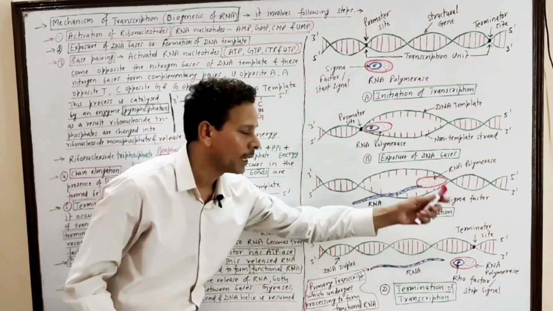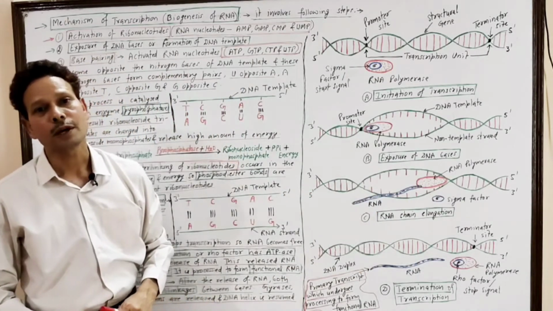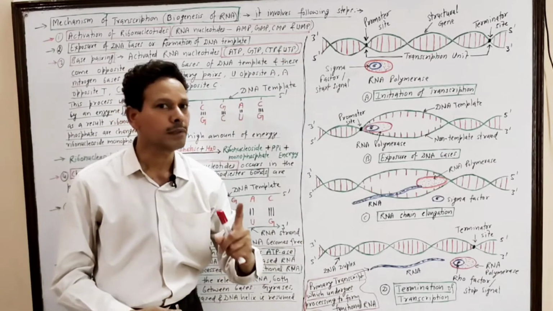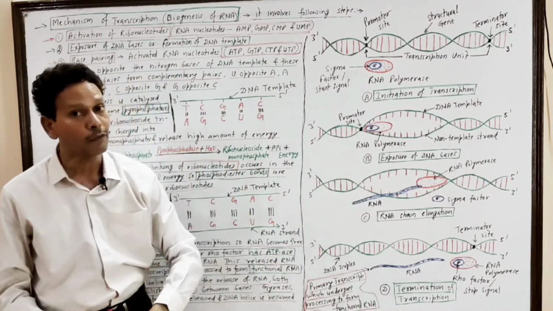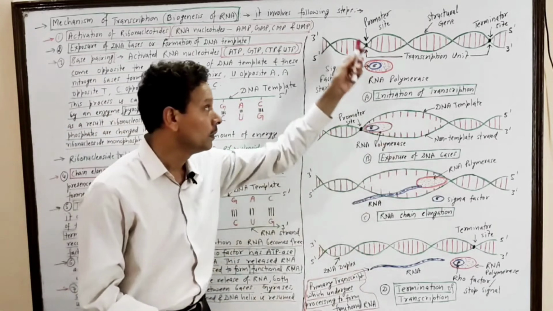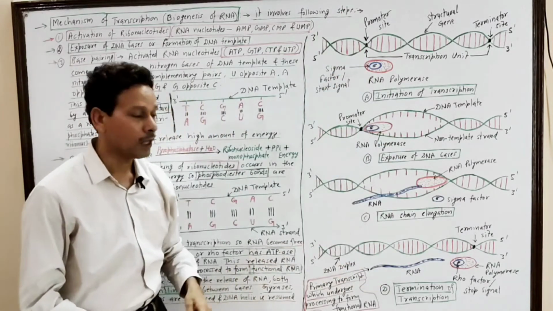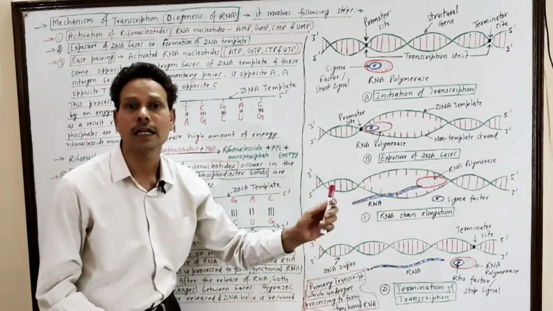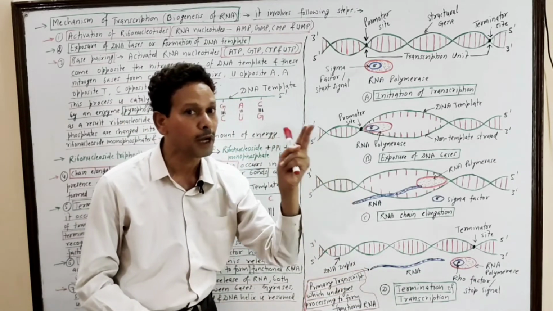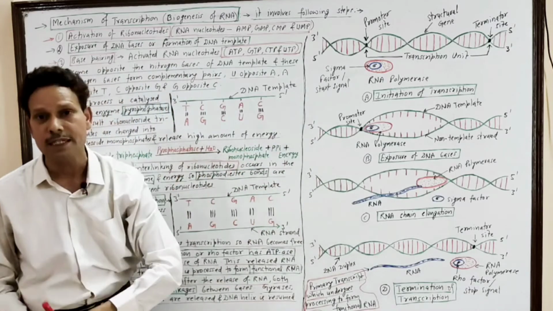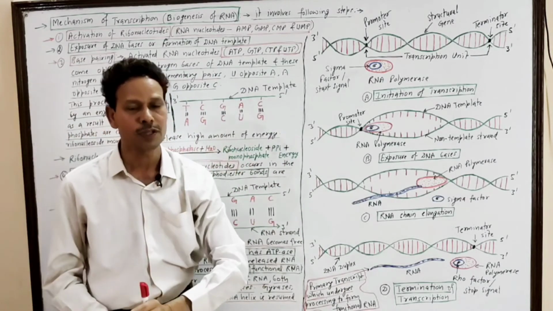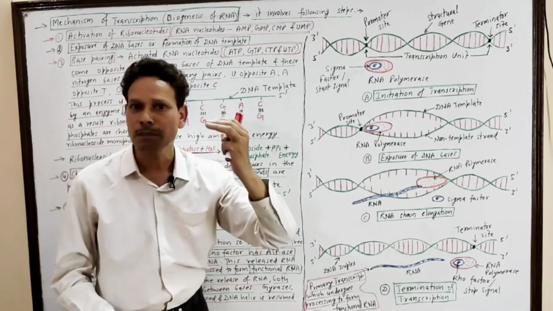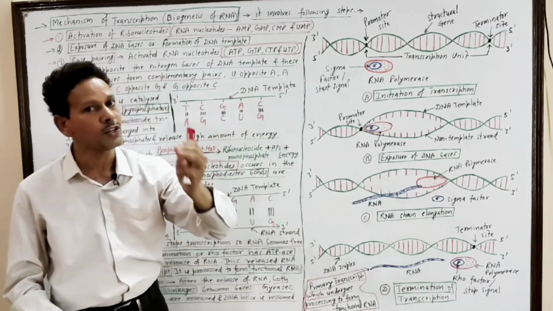Dear students, this is all about the mechanism of transcription, RNA formation, but the RNA formed at the time of transcription is non-functional, it is the primary transcript, and this primary transcript undergoes further processing, further modifications. In the next lecture I will discuss post-transcriptional modifications of RNA.